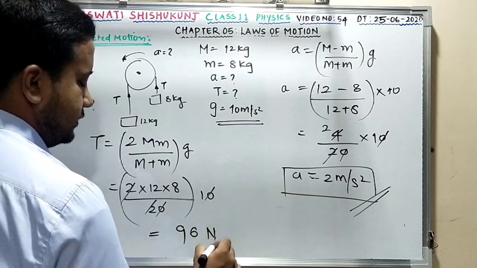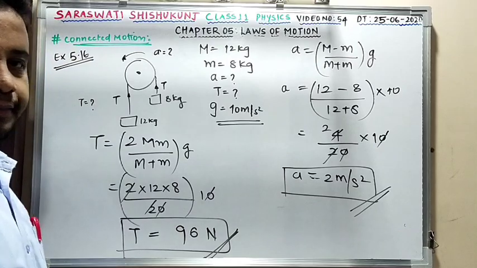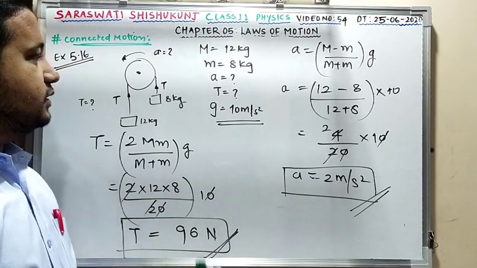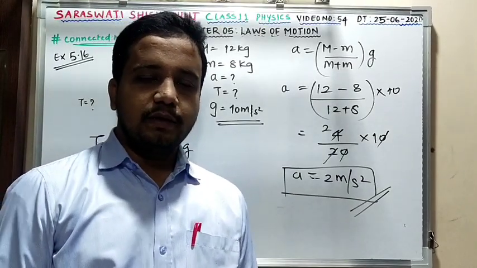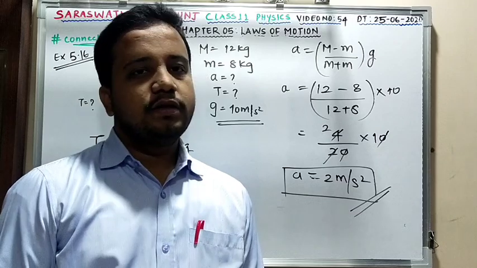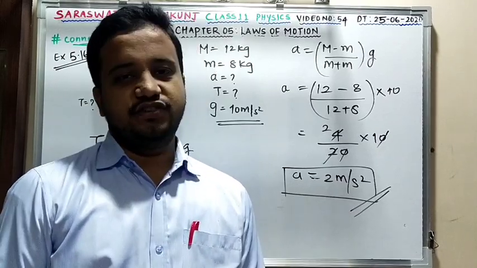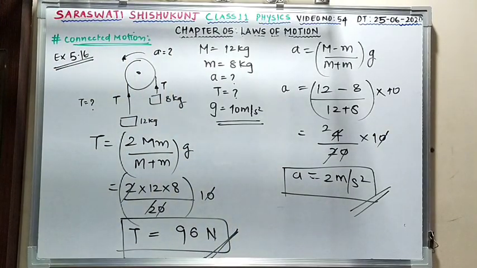So the unit is Newton: T is 96 Newton. This is so simple. Acceleration is (M minus m) upon (capital M plus small m) into g. Tension is 2 capital M small m divided by (capital M plus small m) into g. Perfect. Moving ahead to the next example, example 5.17.